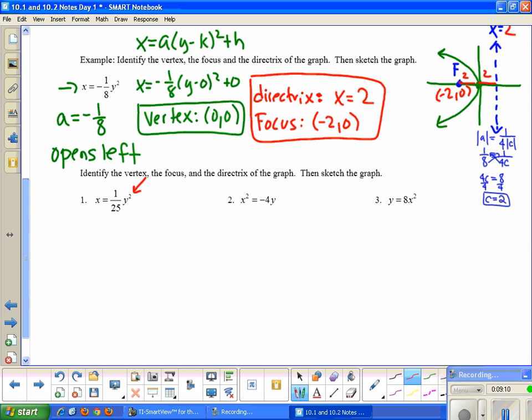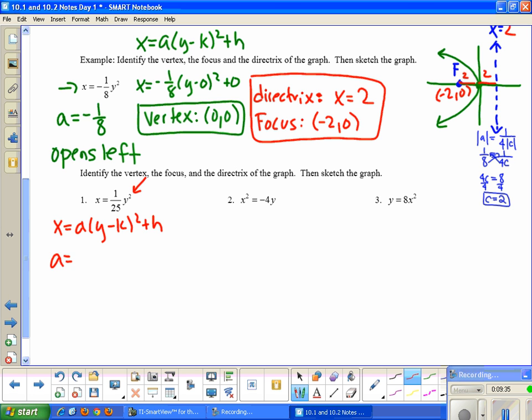So in this case, I know that I can write x equals a times y minus k, quantity squared, plus h. There's nothing attached to the y, and there's nothing on the outside, so I know my vertex is actually at 0, 0.